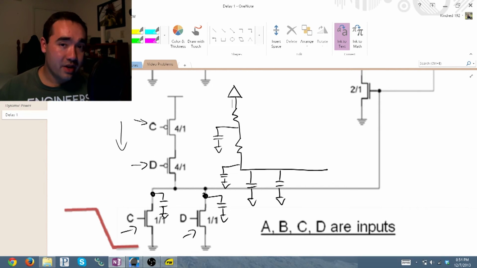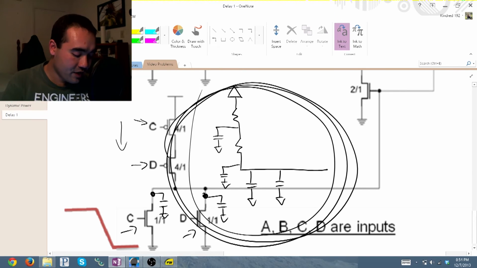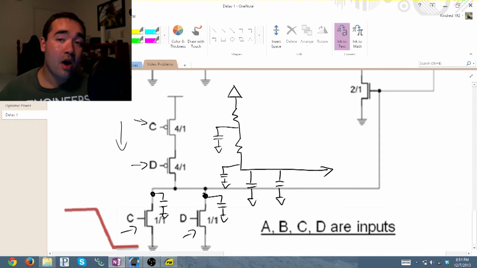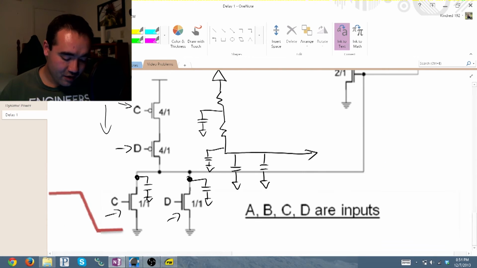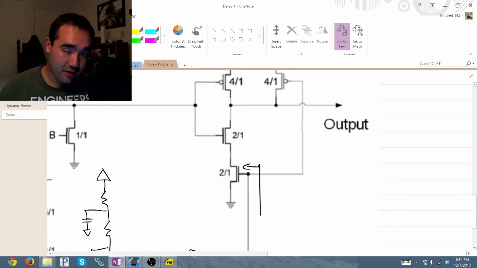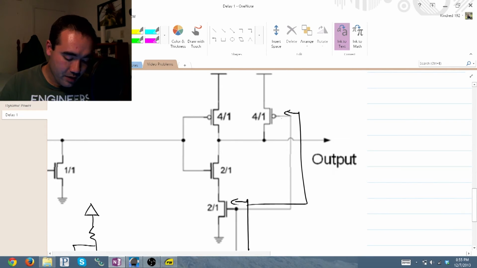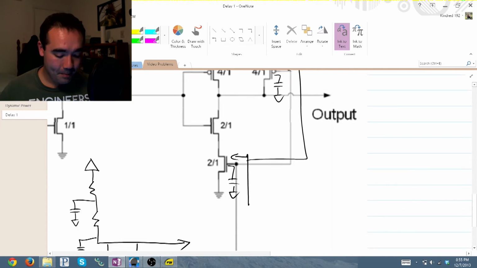Now, we're not done. These are all of the equivalent resistances and capacitors for this stage, but we also need to consider our output capacitance. How do we find that? Well, let's take a look at what this circuit is connected to up here. So, it's connected to this transistor. It's connected to that transistor. Therefore, you have to deal with this transistor's equivalent capacitance as well as this transistor's equivalent capacitance on the gate.